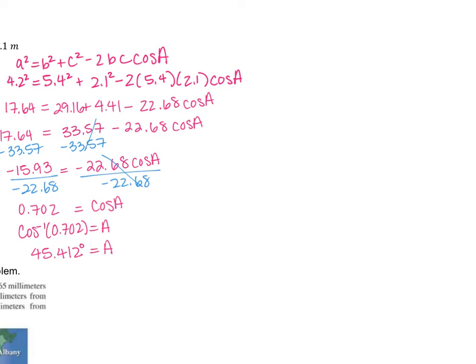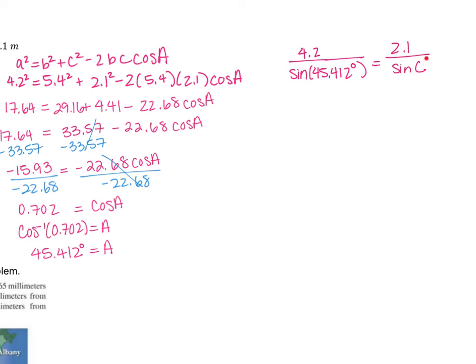That would be side A, which is 4.2 over sine of 45.412. Oops, forgot the 1, 2. And then this side is 2.1 over sine of C. So this is side C, and then angle C is what I'm trying to find.